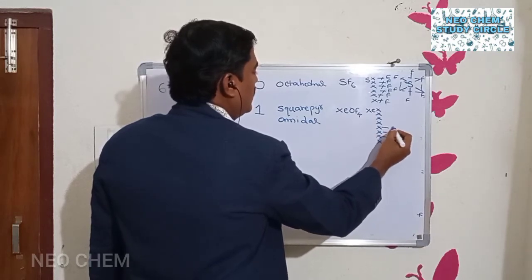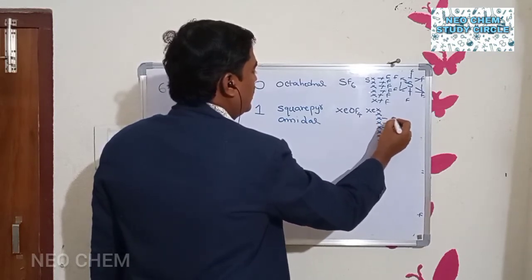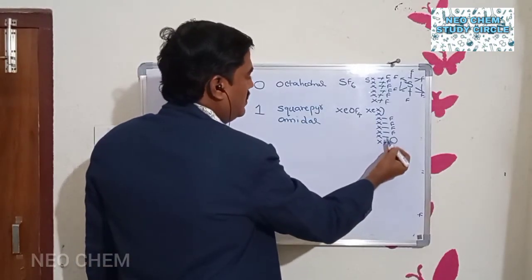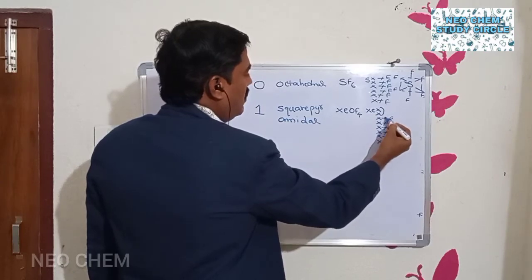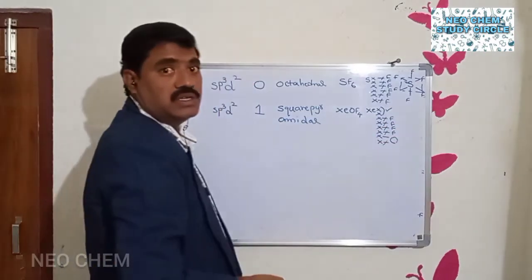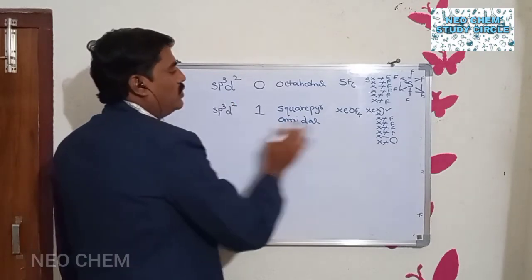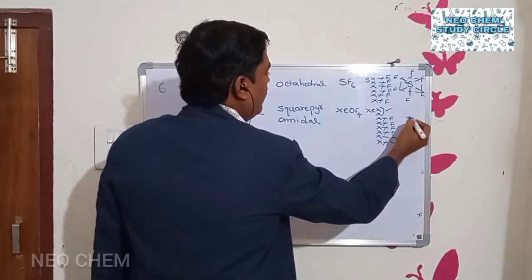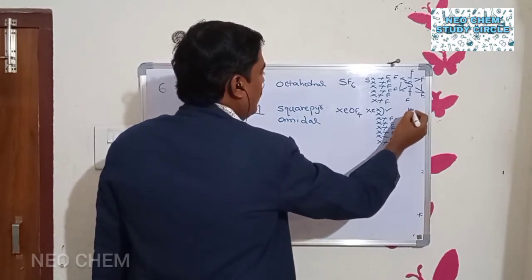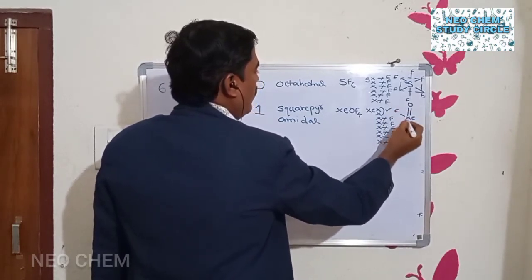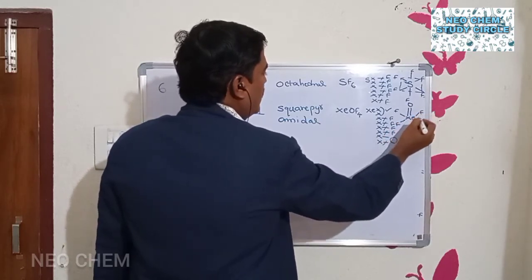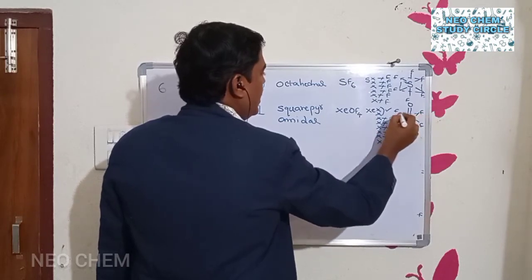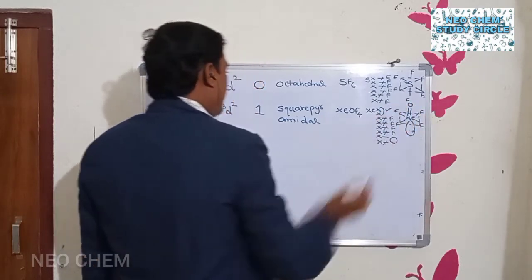Next, 4 fluoro groups are there and the remaining 1 lone pair. So the number of sigma bonds is 6. So the hybridization is sp3d2 with one lone pair. So the geometry is what? Square pyramidal. We can write it like this: one oxygen, 4 fluoro groups, and one lone pair. This is the square pyramidal geometry.